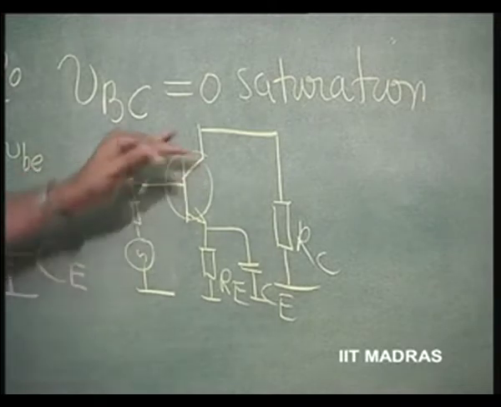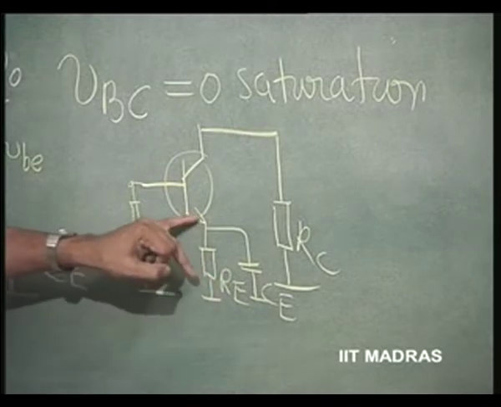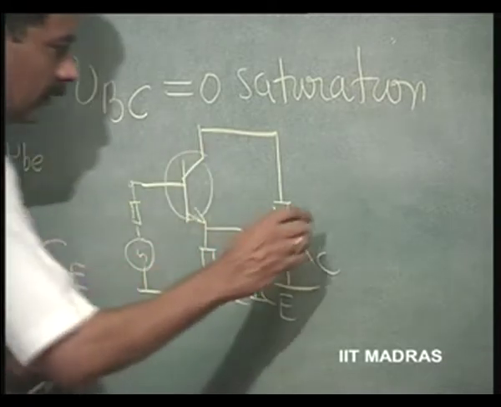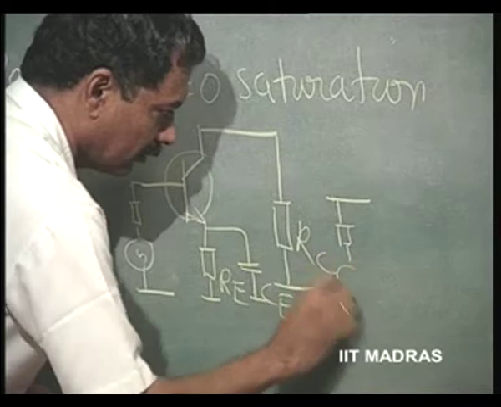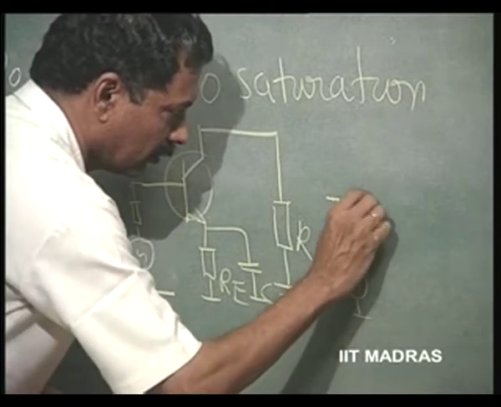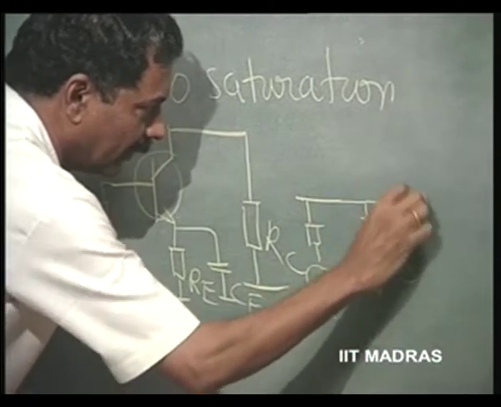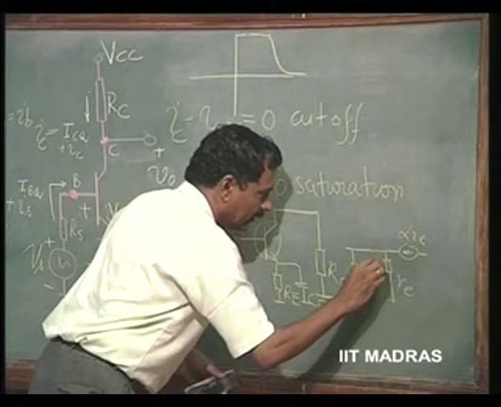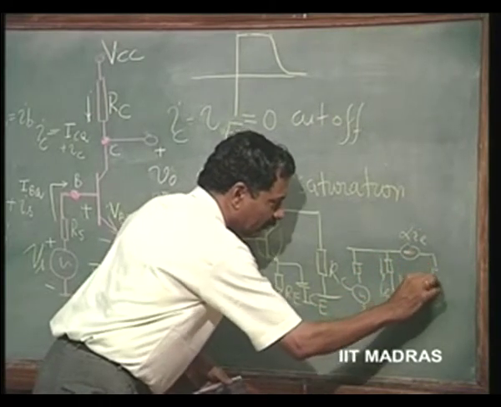Now, the transistor can be replaced by its linear equivalent circuit, where you are going to replace this by small re, and this by alpha times IE when this current is IE. All these directions you must definitely put.